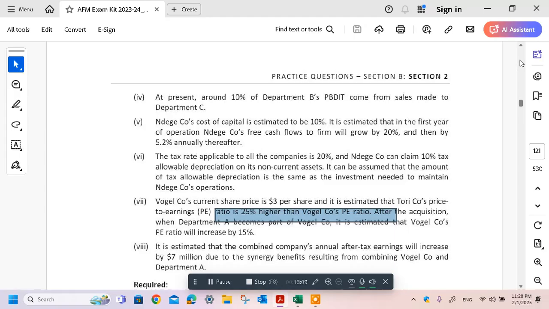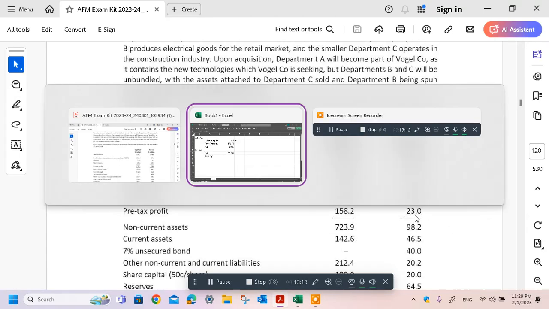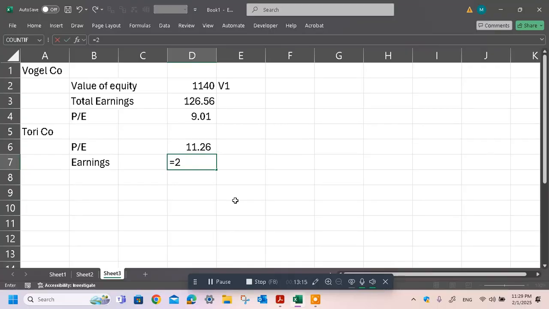Yes, statement was given. There you go, 23 pre-tax. So equal 23 multiplied by 1 minus 20%. 18.4 earnings. So value of equity is going to be earnings multiplied by PE ratio.